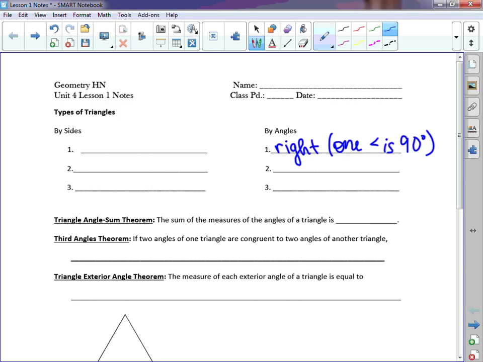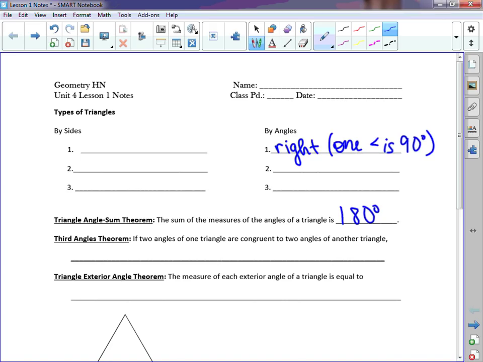The sum of the measures of the angles of a triangle is 180 degrees. So if I had two angles, each 90, then I've got 0 degrees left for that third angle, and thus we don't have a third angle. So I can only have maximum of one angle be 90 degrees. So right triangle, one angle is 90 degrees. Alright, so that's one of our types of triangles based upon the angles.